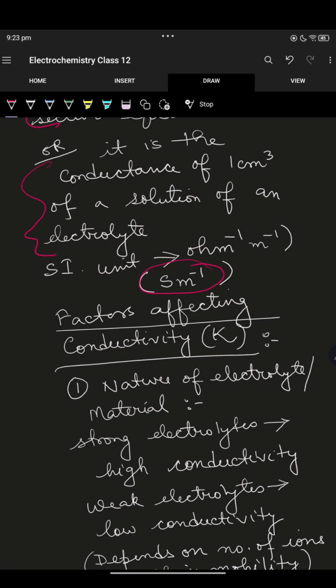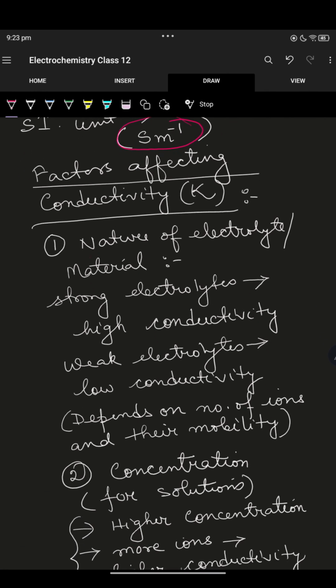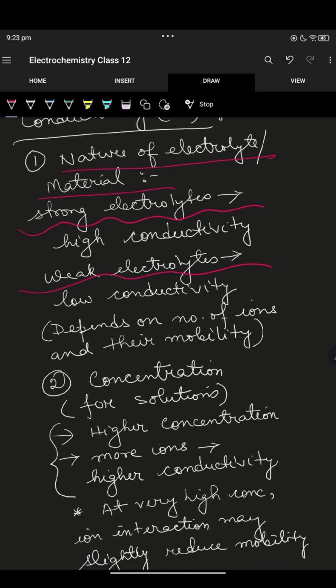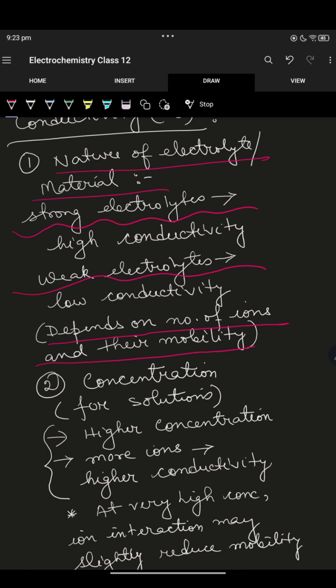Okay, factors affecting conductivity kappa. It is dependent on nature of the electrolyte or nature of the conductor. Strong electrolytes that dissociate completely, they have high conductivity, and weak electrolytes, they have low conductivity. Actually, it depends on the number of ions and their mobility.